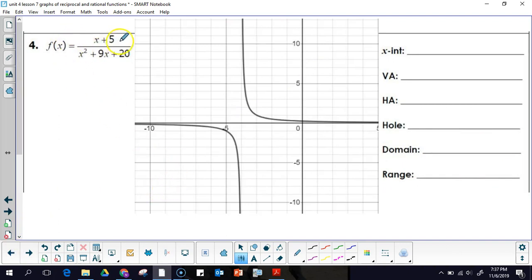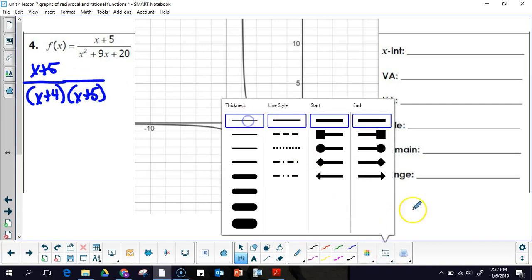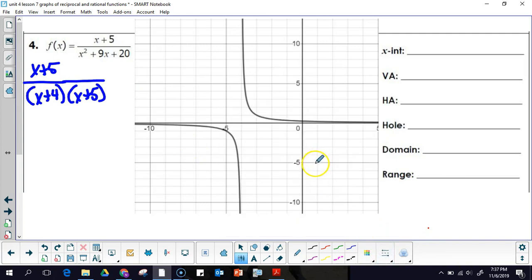Okay, so this one, I'm going to go ahead and simplify this. X plus 5 over x plus 4, x plus 5. Okay, this graph, this number 4 graph, does not have an x-intercept.